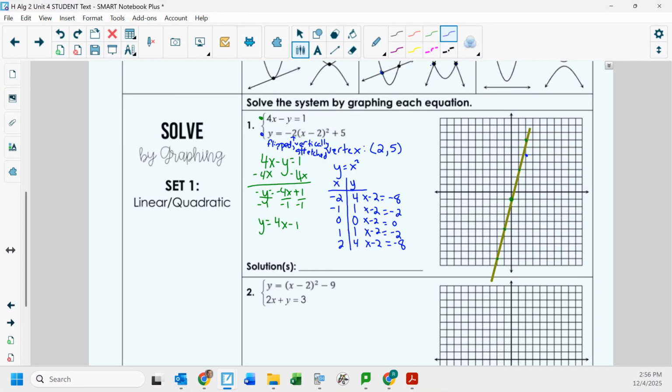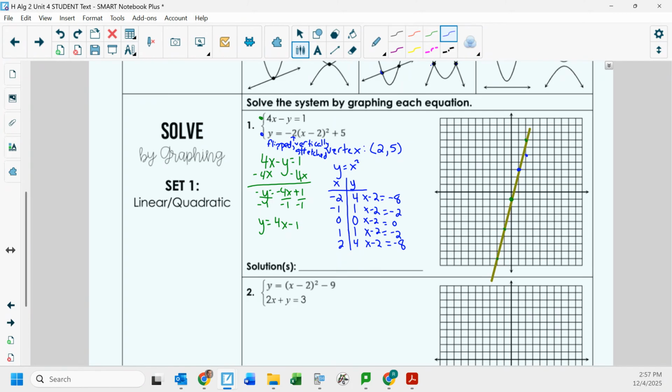So I would go to my new vertex, and I would now go left 1 and now down 2, because that is our new point. And if you notice, that is a point that we had from our line as well.